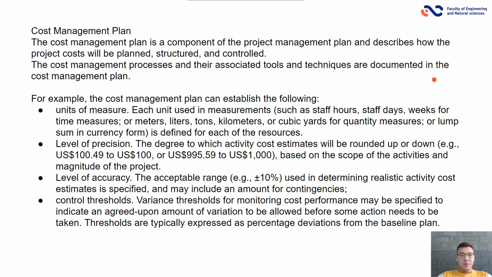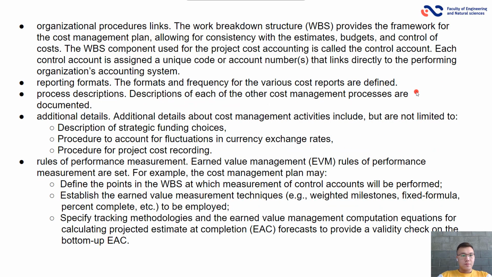For example, the cost management plan can establish the following: units of measure, level of precision, level of accuracy, control thresholds, organizational procedures links, reporting formats, process descriptions, additional details.